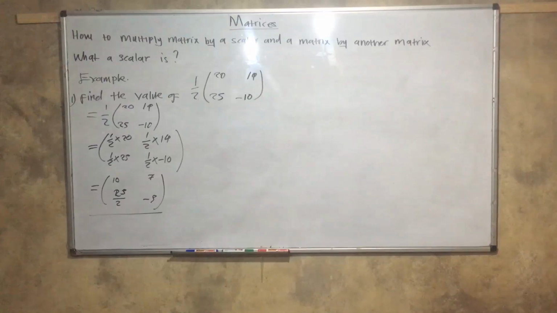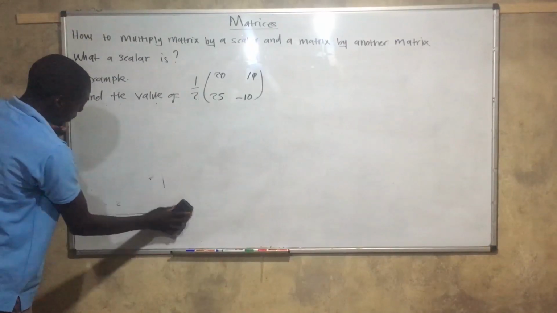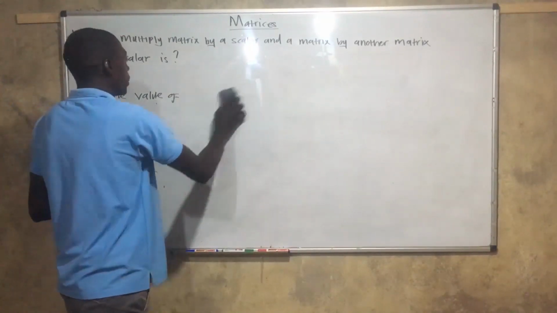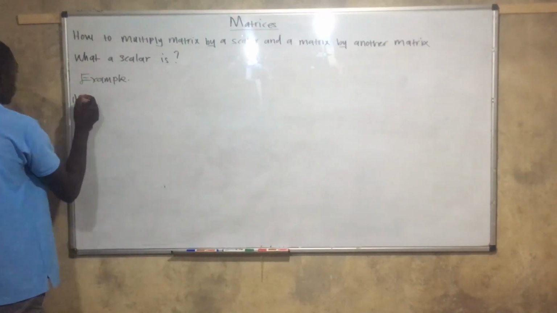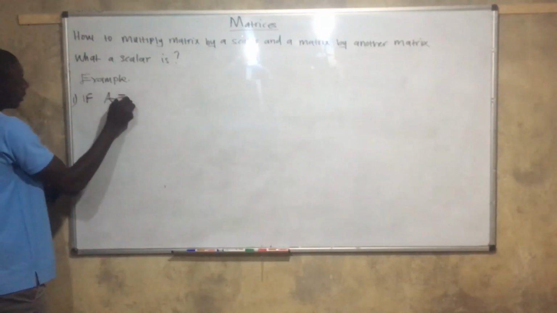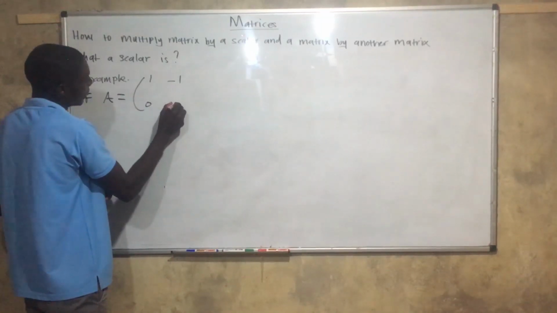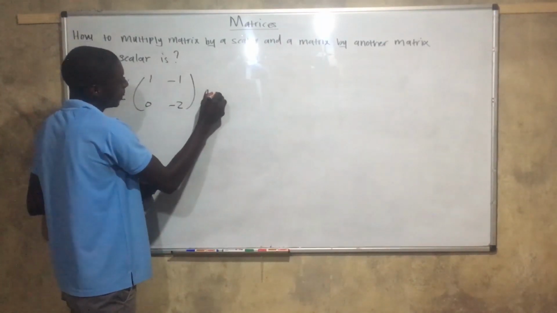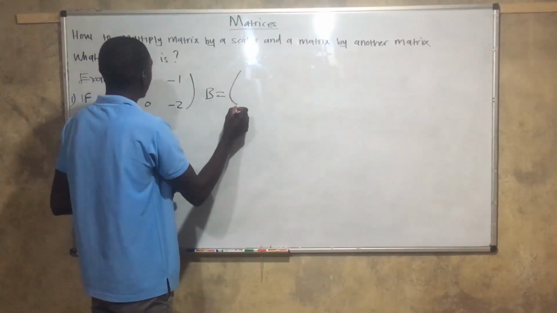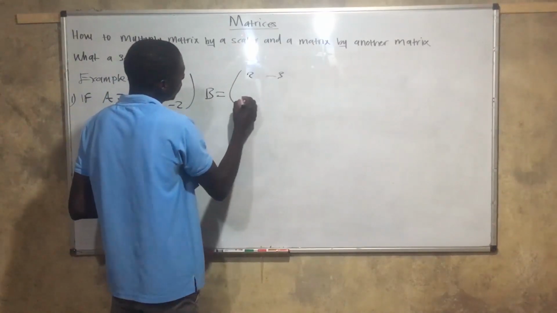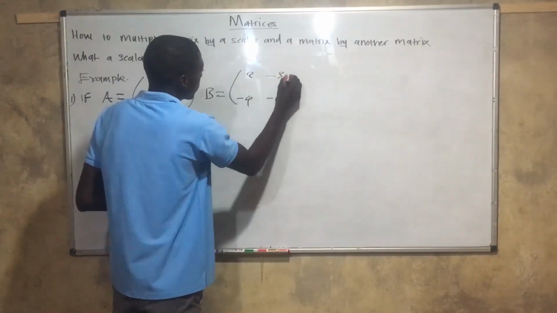So if we combine what we did previously and this, we'll get an example. Say if A is equal to the matrix 1, 0, -1, -2, and matrix B is equal to 4, -3, -4, and -6.